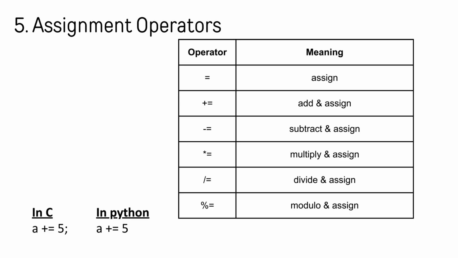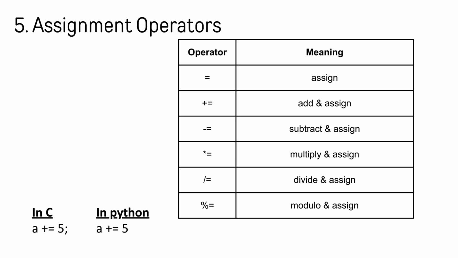Now move to the assignment operator. Suppose if you write a = 5, that means 5 is stored into a. If we write a += 5, that means the summation of a and 5 will be stored into a. If you write a -= 5, that means the subtraction result between a and 5 will be stored into a. If we write a *= 5, that means the multiplication result of a and 5 will be stored in a.